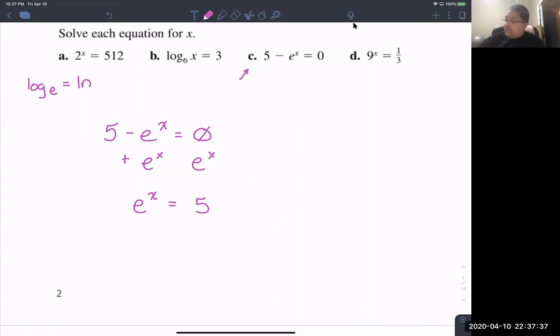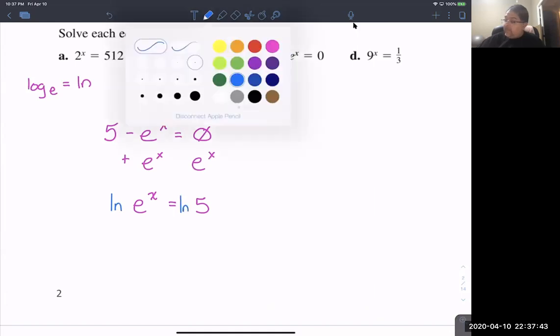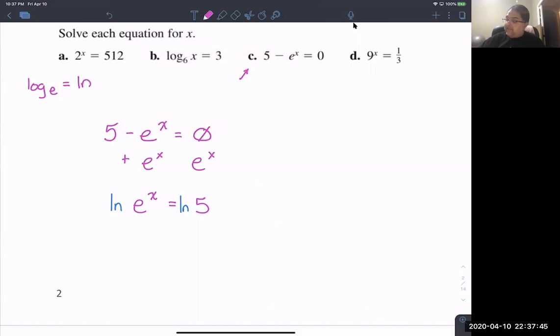So we do the natural log of both sides. And remember, log base e of e to the x, the log base and the exponent cancel out. That's x equals the natural log of 5, which is some sort of not imaginary, irrational number.